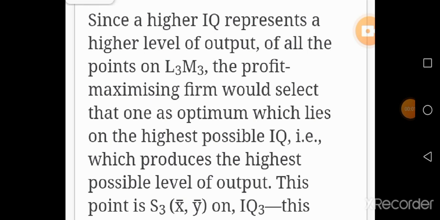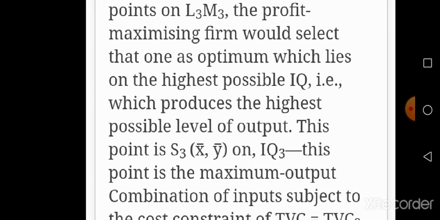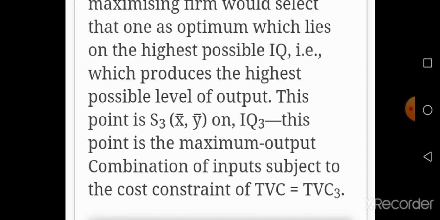Since a higher IQ represents a higher level of output, of all the points on L3, M3, the profit maximizing firm would select as optimum the one which lies on the highest possible IQ, that is, which produces the highest possible level of output. This point is S3, that is, X bar, Y bar on IQ3.